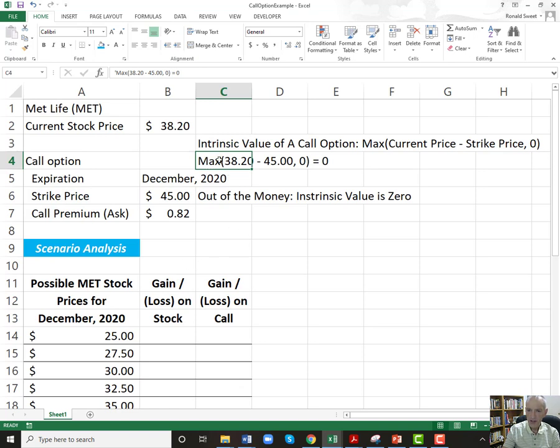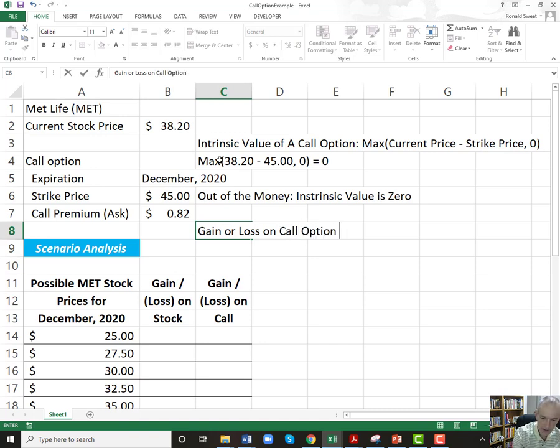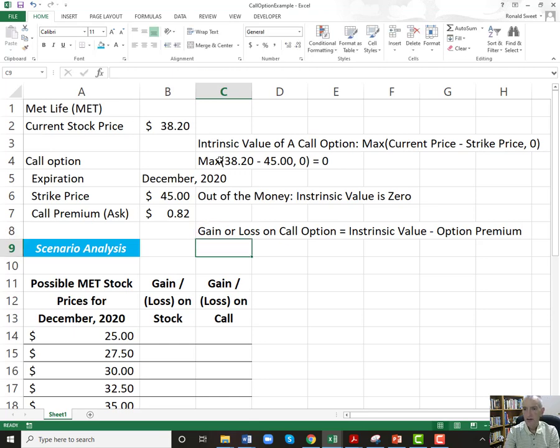The other thing we need to know is the gain or the loss on the option, for any option, and that's going to equal the intrinsic value minus the option premium. That will be our gain or loss.